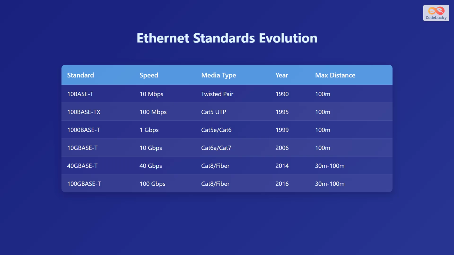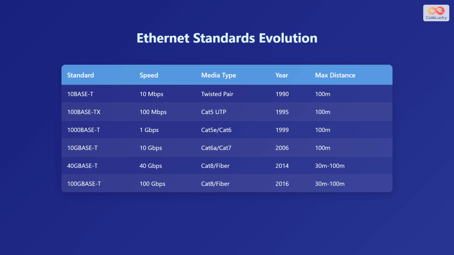The 10GBASE-T standard, released in 2006, bumps the speed up to 10 gigabits per second and uses Category 6A or Category 7 cables, maintaining the 100-meter distance. The 40GBASE-T standard, introduced in 2014, increases the speed to 40 gigabits per second and uses either Category 8 cables or fiber optic cables, with a maximum distance ranging from 30 to 100 meters.